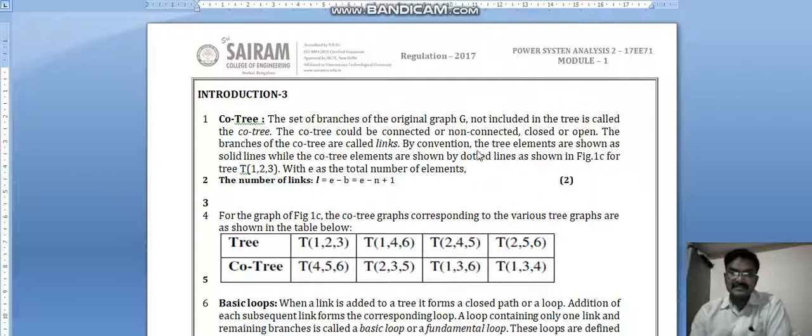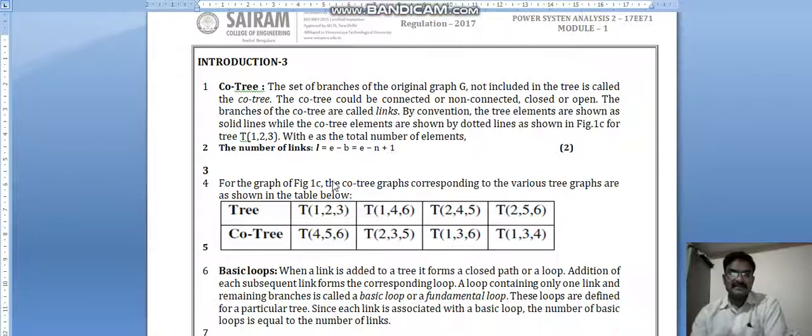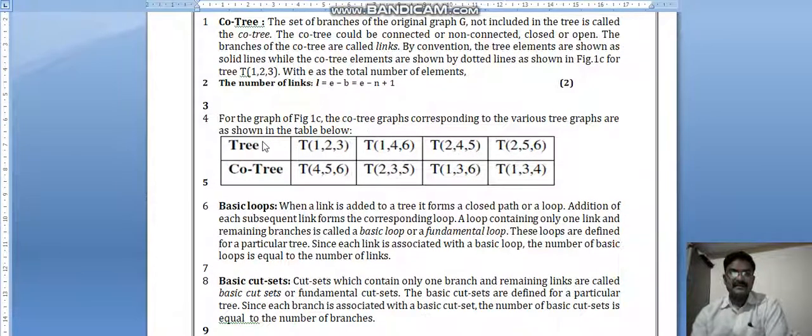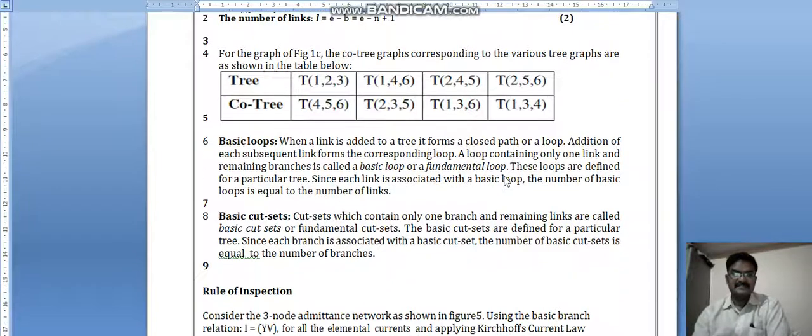By convention, the tree elements are shown as solid lines, while the co-tree elements are shown as dotted lines in the figure. The number of links L is equal to E minus B, which is equal to E minus N plus 1. For the graph in figure 1c, the trees are T123, T146, T245, whereas the co-trees are 456, 235, 136.